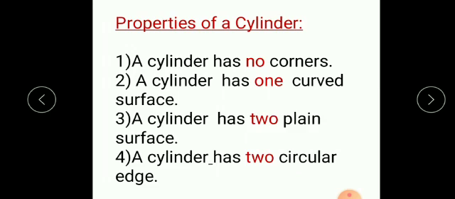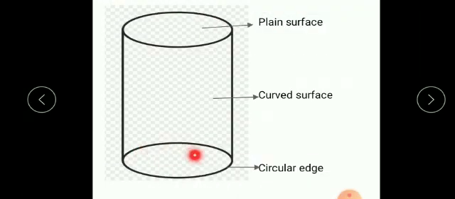So the third property is a cylinder has 2 plane surface.